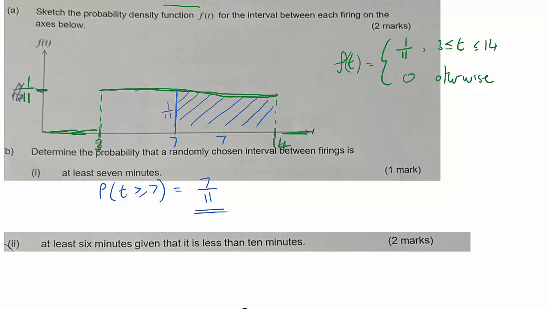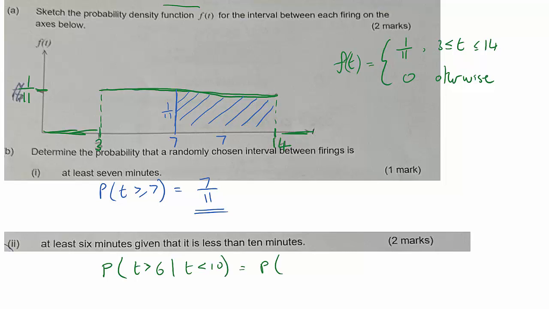So the next part of the question says, at least 6 minutes given that it's less than 10 minutes. So that's the probability that t is greater than, it doesn't matter whether it's greater than or equal to or greater than 6, given that t is less than 10.